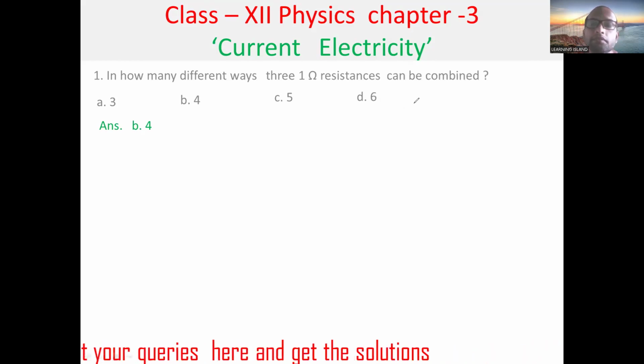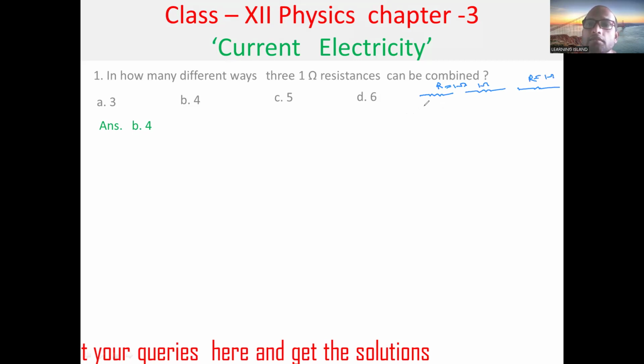Okay, see, there are 3 resistance. Suppose this is 1, this is 2, this is 3. Suppose this is R equal to 1 ohm. This is also 1 ohm. This is also 1 ohm. So अभी इसको कंबाइन करना है सीरीज या पैरेलल. कैसे, कितने टाइप में कर सकते हैं?